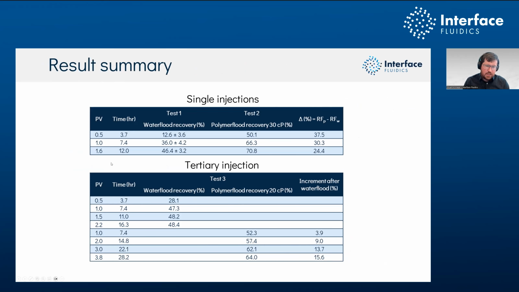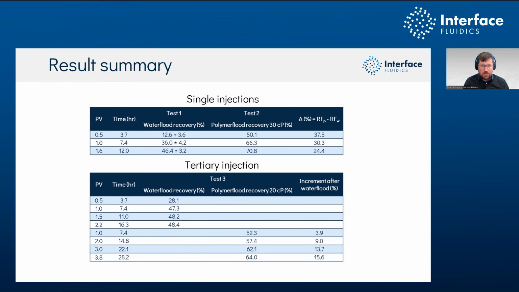So just to summarize the results here, on the single injection tests, we ran half pore volume, 1 pore volume, and about 1.5. You can see the amount of time it took to actually perform these experiments and the ultimate recovery from your water flood, followed by your polymer flood.